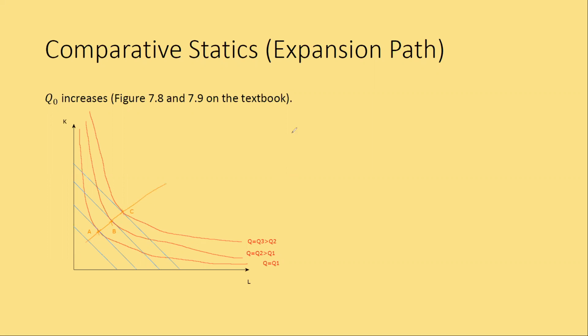It's not necessarily a straight line, but in general a curve. We can connect all those points and draw this curve. So we have a name for this curve. This is the expansion path. This is the path of the cost minimizing input combinations when a firm expands its total level of output, all right?